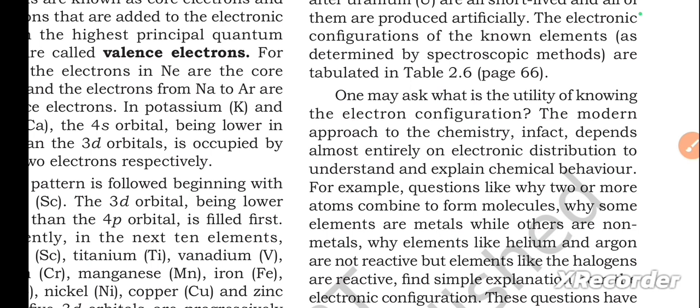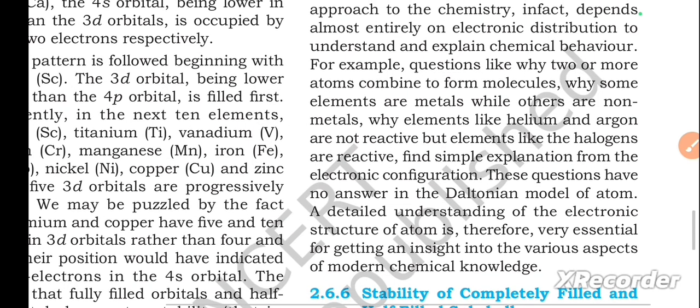One may ask, what is the utility of knowing the electron configuration? The modern approach to chemistry, in fact, depends almost entirely on electronic distribution to understand and explain chemical behavior. For example, questions like why two or more atoms combine to form molecules, why some elements are metals while others are non-metals, why elements like helium and argon are not reactive but elements like the halogens are reactive, find simple explanation from the electronic configuration.